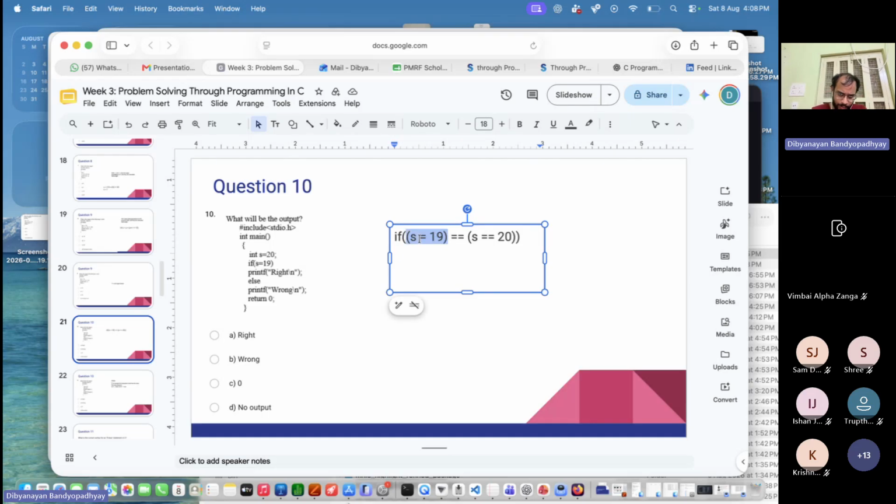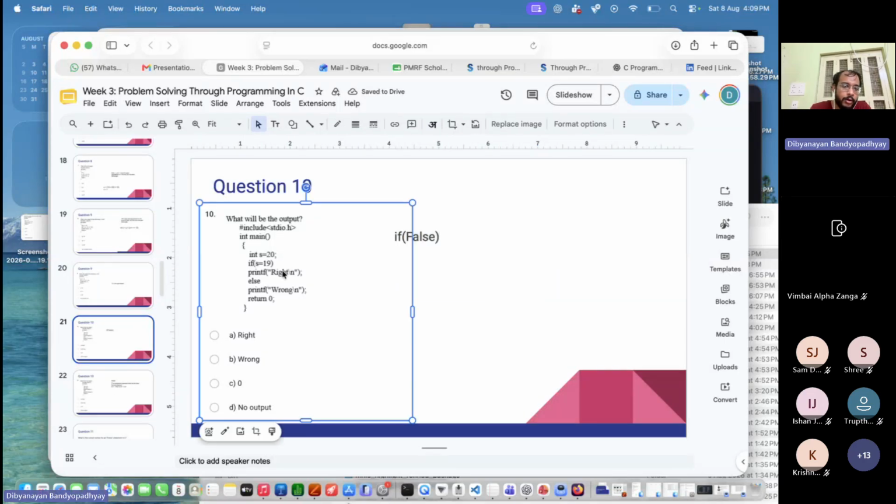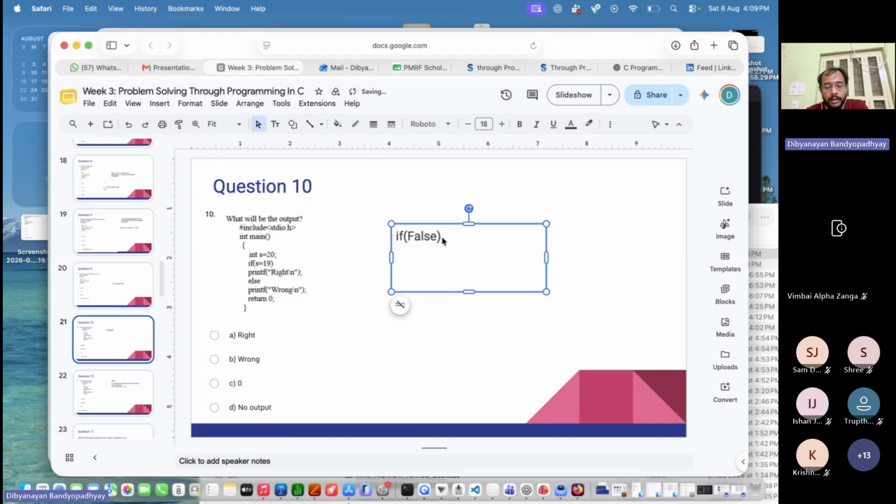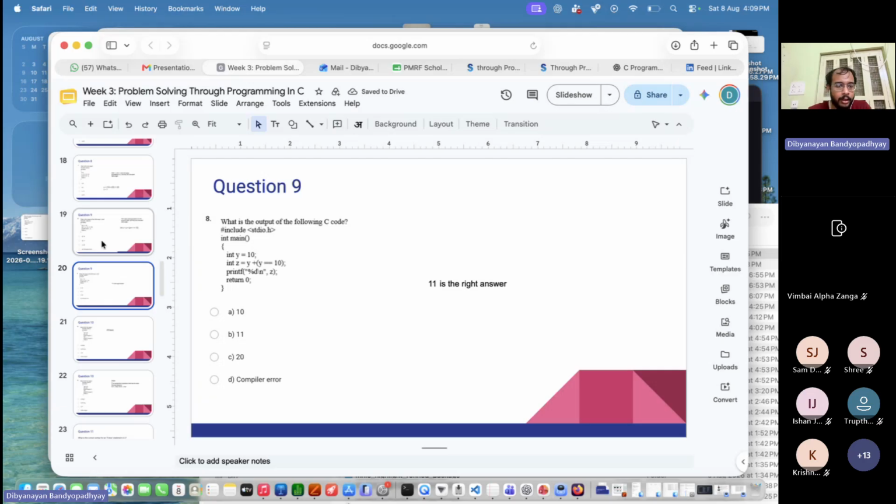Then what is s equal to 19? It is basically 19, right? And what is s equal to 20? It is true. So 19 equal to 1, is it true or not? It is not true, so it is false. Then the right printf statement will not get printed. The wrong will get printed. So if this is the kind of thing given inside the if statement, printf will be wrong.